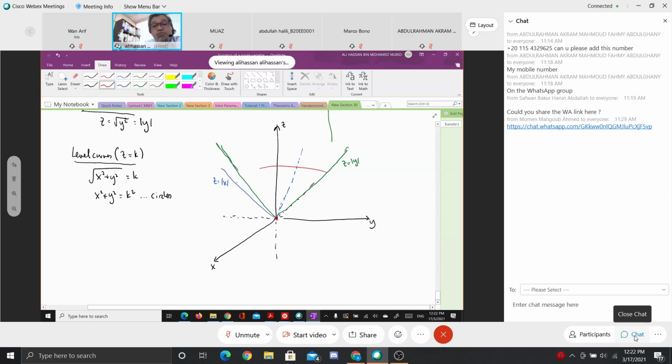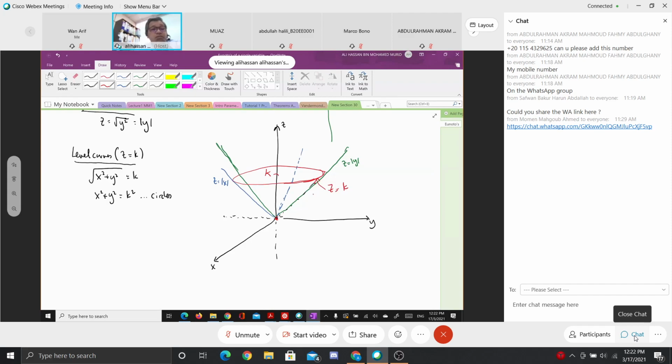So suppose we have this circle here, the intersection at say z equal to k. For any k greater than or equal to 0, any horizontal plane z equal to k intersects the surface in circles.